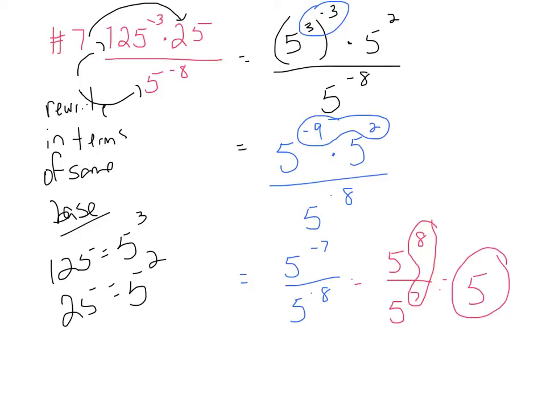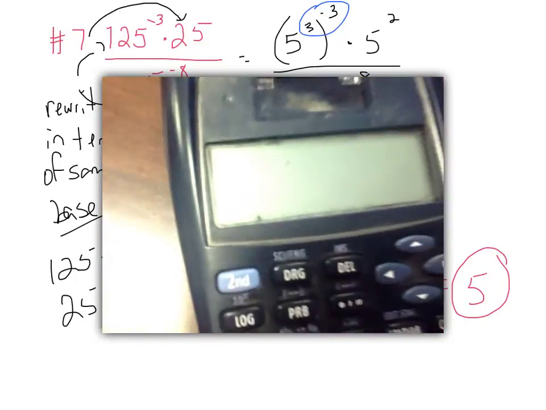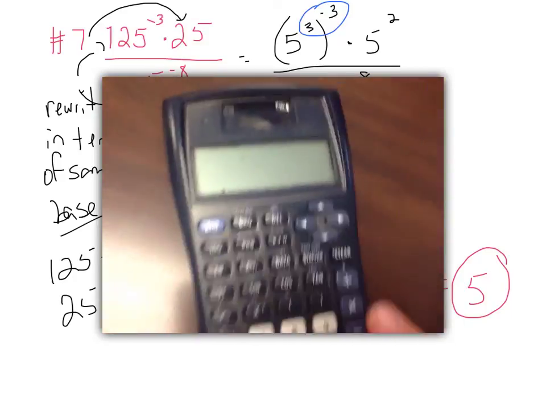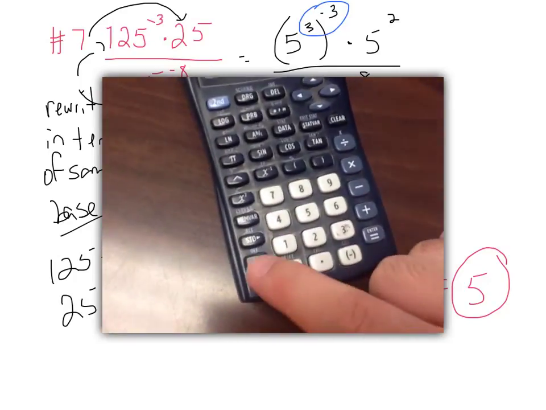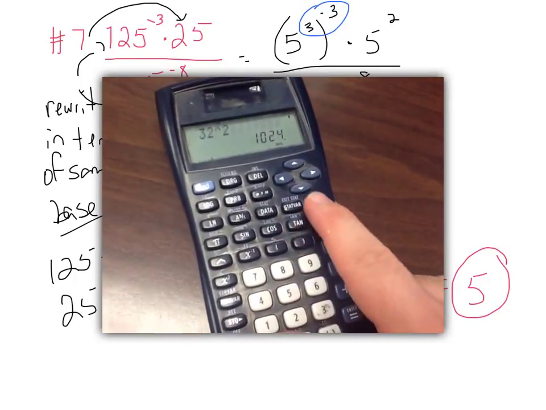And you can confirm that on your calculator if you have to. Watch, I'll show you. Just pull out your calculator and type in the original problem. Let me put some parentheses around this.